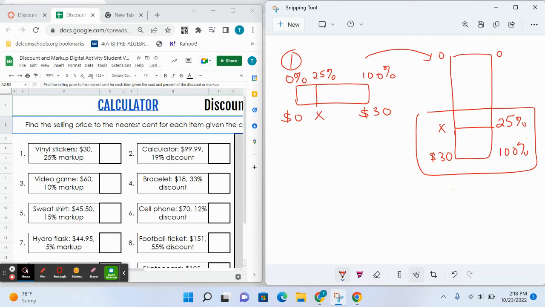So one way we could find the markup is to solve the proportion that we're looking at right there. We have X over 30, that's part over whole, equals percent over 100. X over 30 equals 25 over 100.